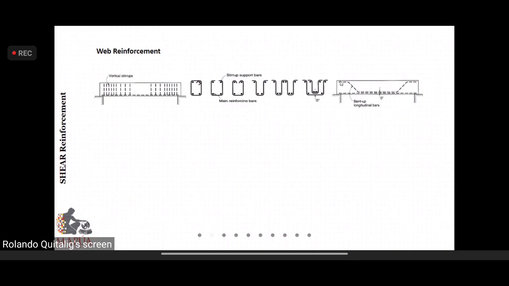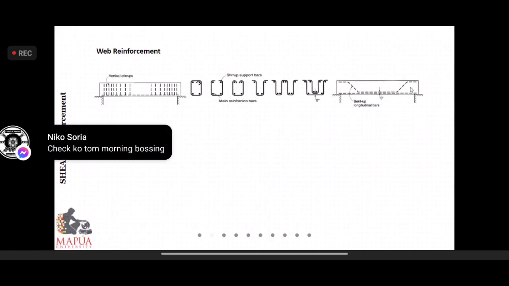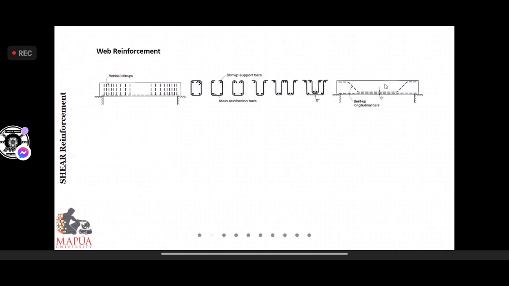If you opted not to set it this way, in bent up situation, this will be extended somewhere here with the corresponding length of embedment and bend length and the corresponding length from the face of the support. You can go back to our previous discussion for the beam detail for that matter.